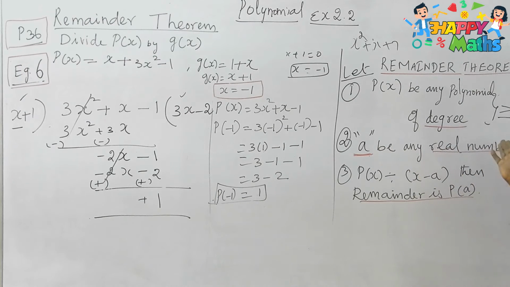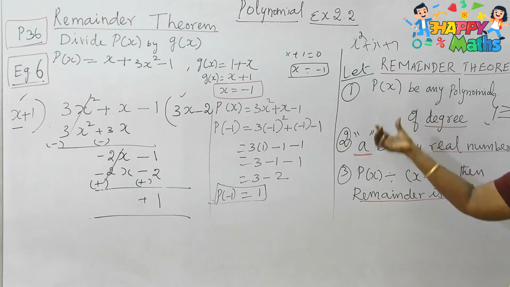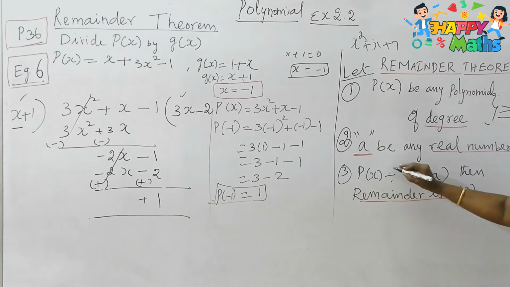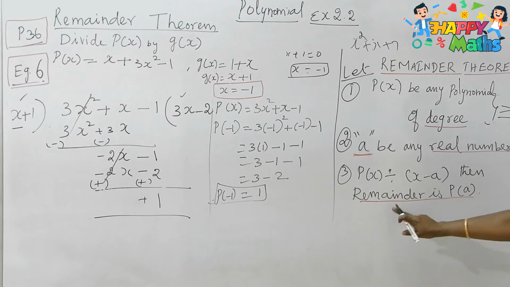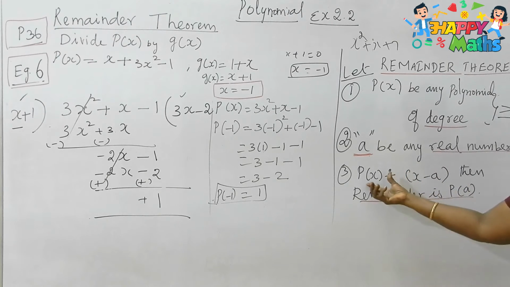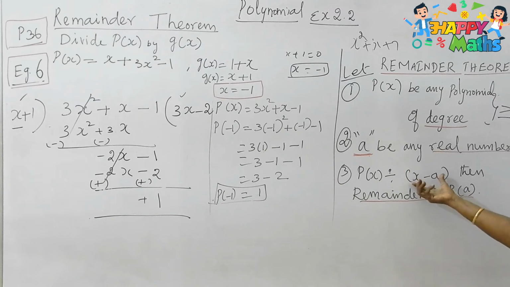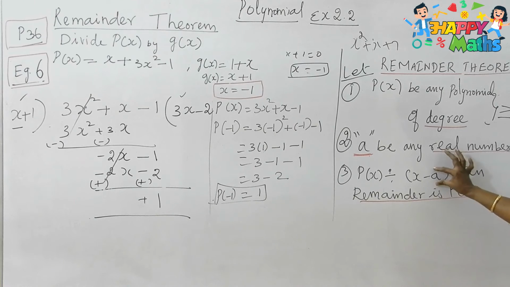If a can be any real number, then we will take that as x minus a. Okay? So, when this polynomial p of x is divided by x minus a, then the remainder is p of a.